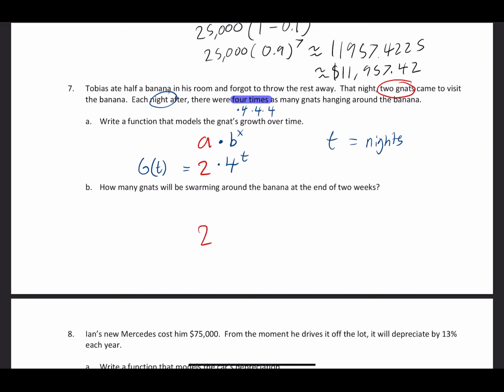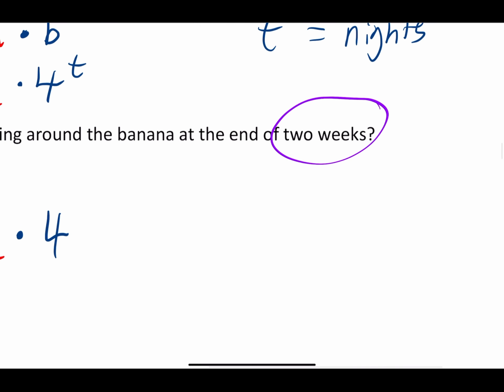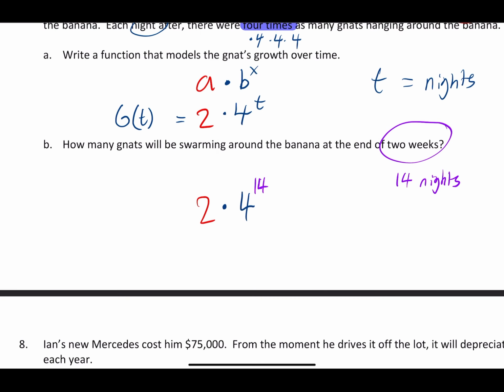We started with 2. Every night it's times 4, and it's going to go on for 2 weeks. 2 weeks, that's 7 days, 7 nights each week. That's 14 nights. So to the power of 14. And now this should all equal, let's see, 2 times 4 to the power of 14.